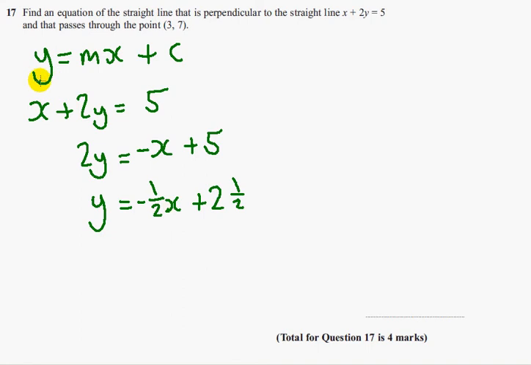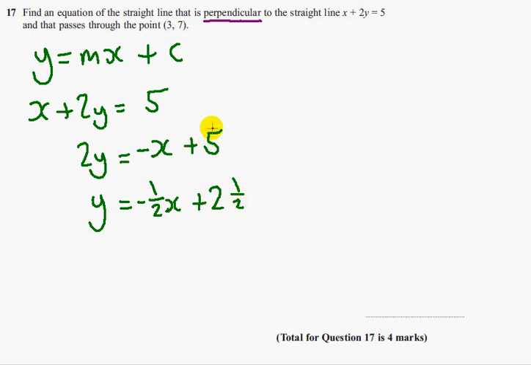Okay, so the line is negative, which looks like that, and it's not very steep as it's got a gradient of negative half. Anyway, so we need to find the equation of this other line, which is perpendicular, 90 degrees, to this line.